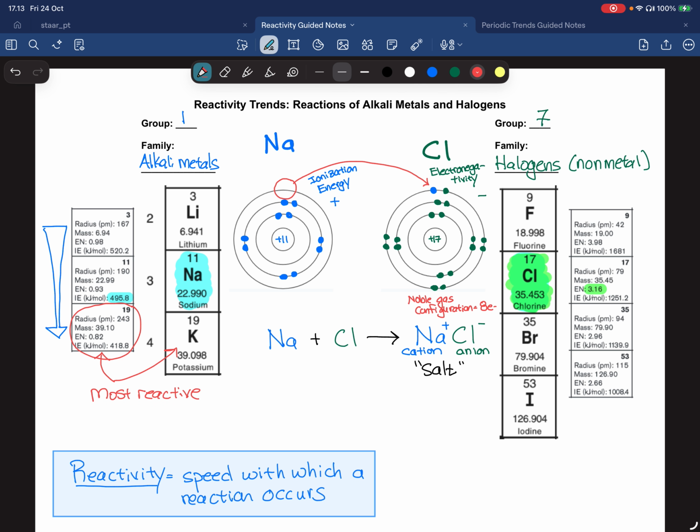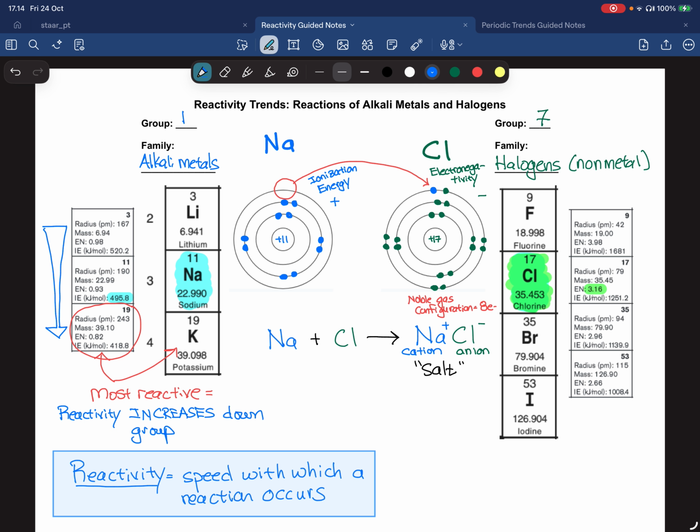So reactivity increases down the group. For metals, reactivity increases down the group.